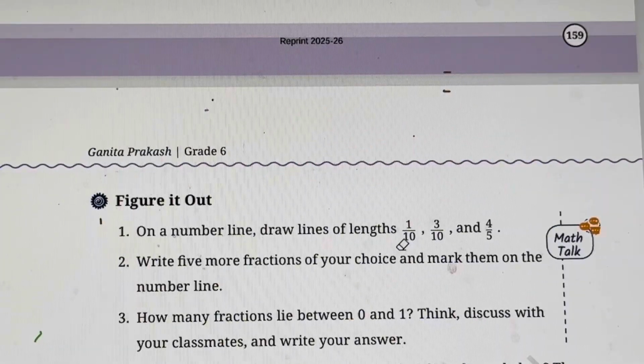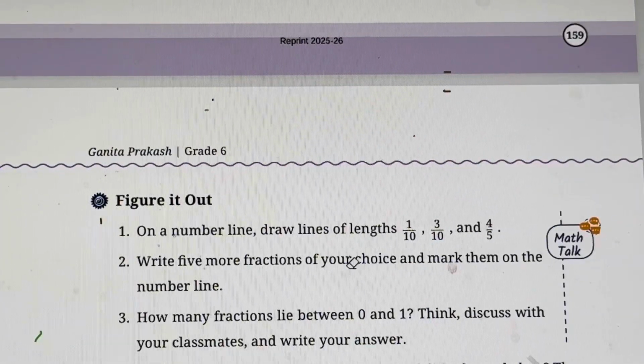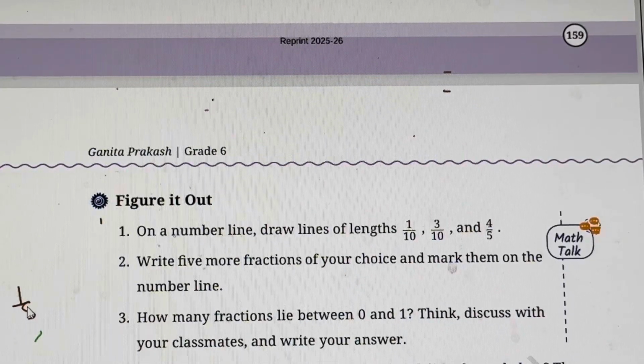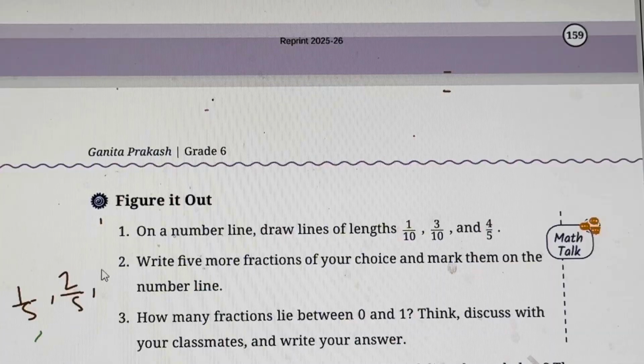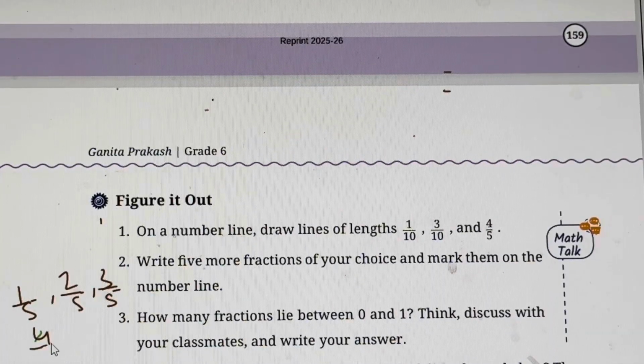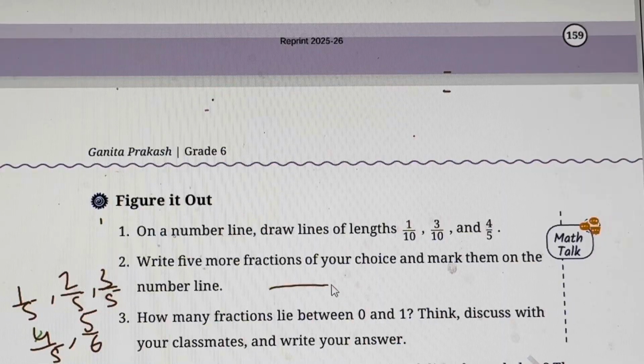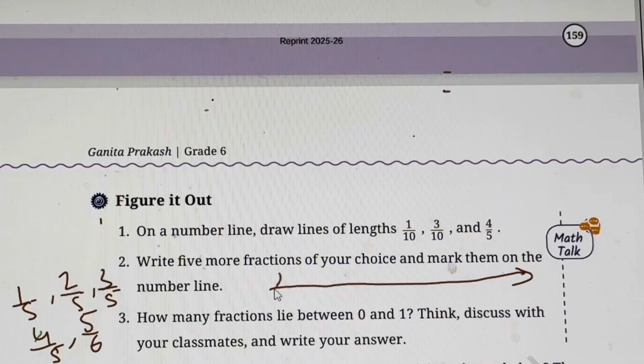Question number 2, write 5 more fractions of your choice and mark them on the number line. Right, so if you want to show, suppose 1 upon 5, 2 upon 5, 3 upon 5, 4 upon 5, 5 upon 5, right? So what we will do, we will take the number line, mark 0 and 1.